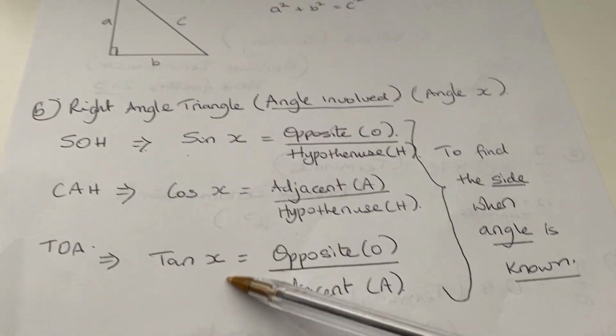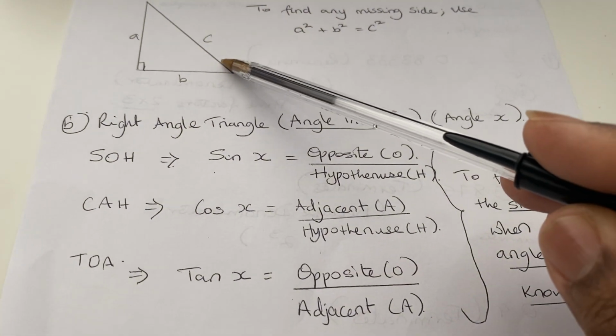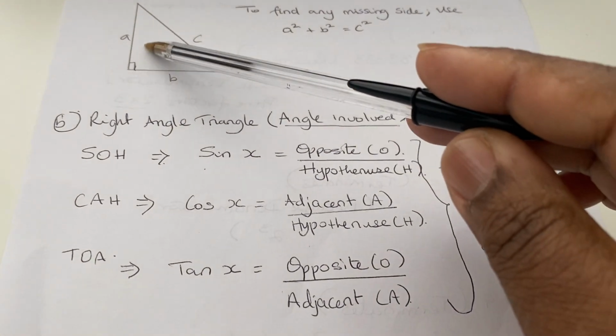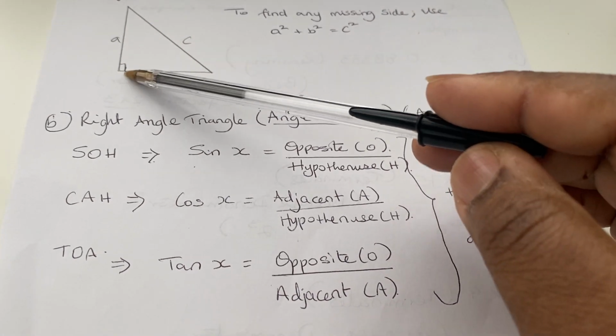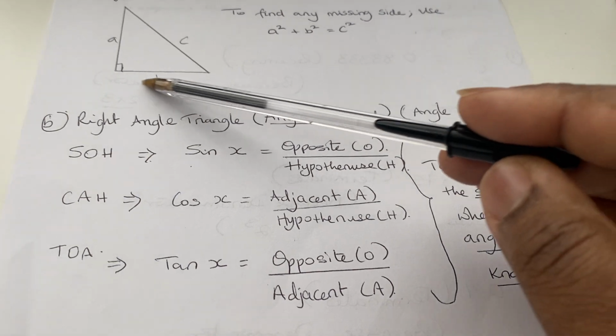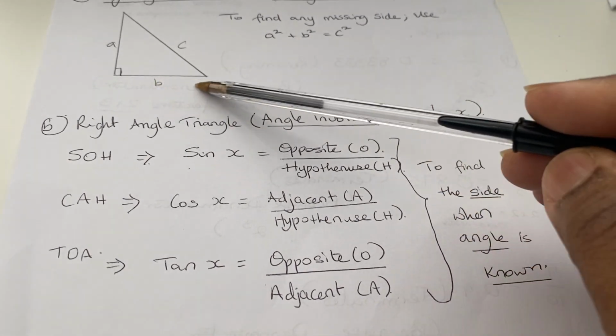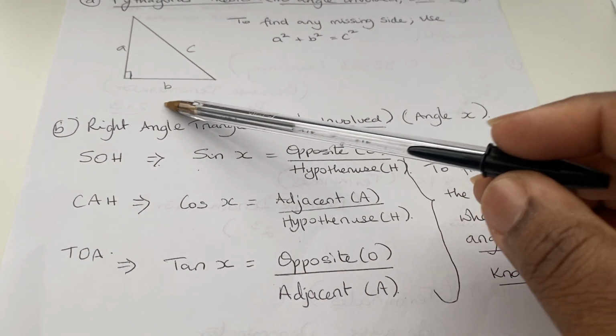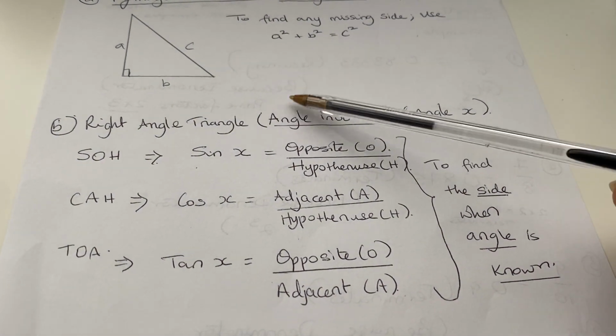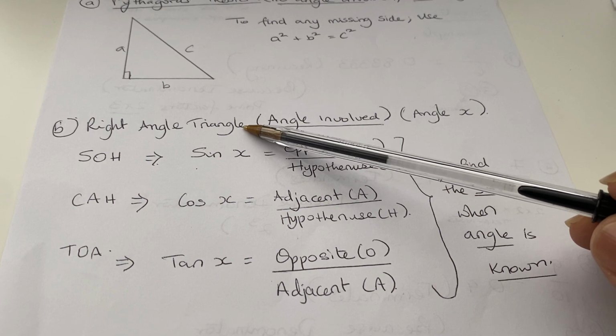So the tangent of this angle here is the opposite length A over the adjacent length B.